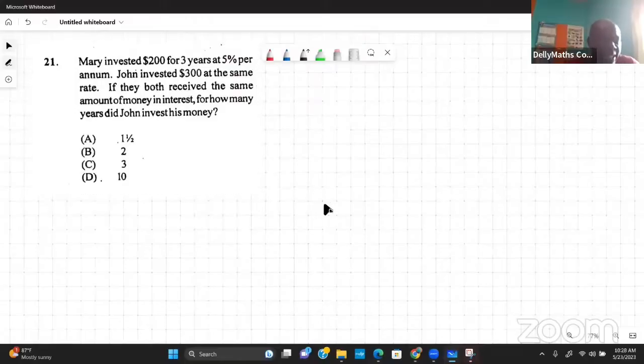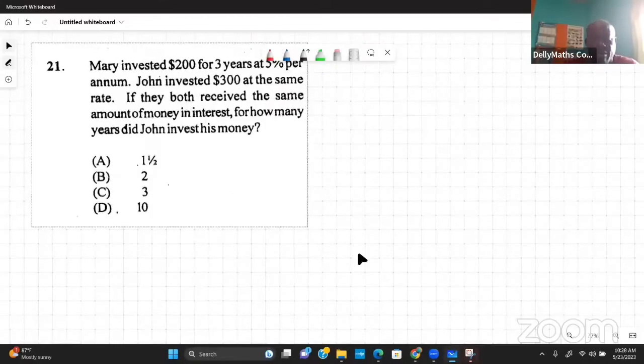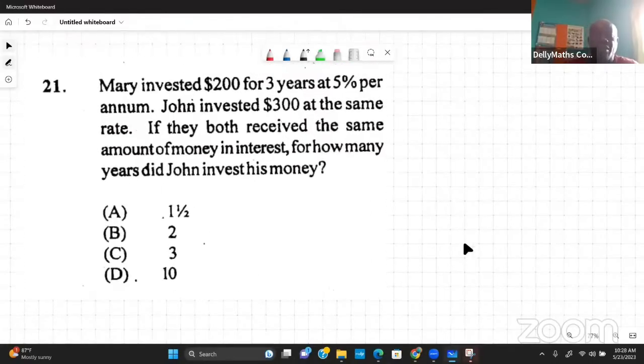So the question reads, right? So here's the question now. All right, good. So the question says that Mary invested $200 for 3 years at 5% per annum. John, 300 at the same rate, which is 5%. And they're asking, how long will it take John, since they both get the same interest?